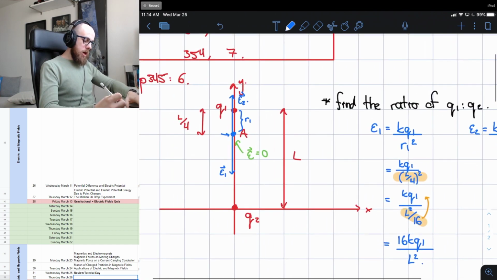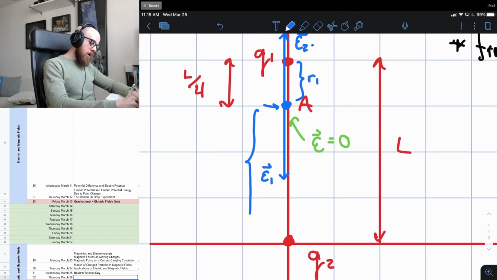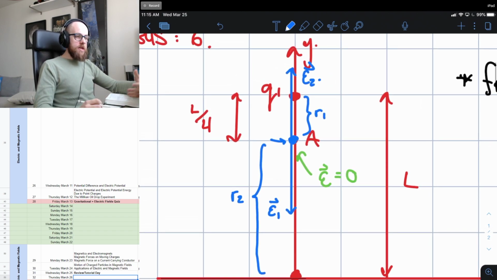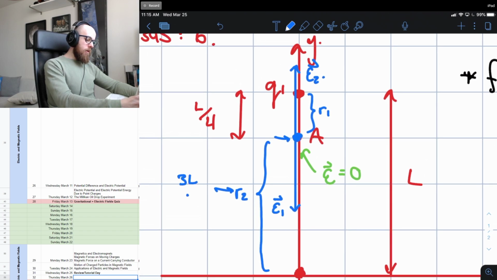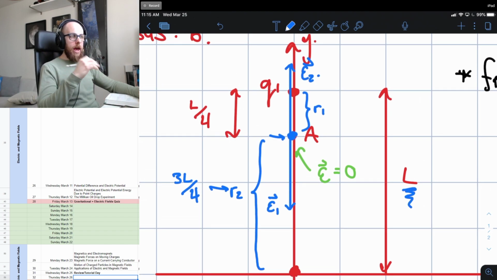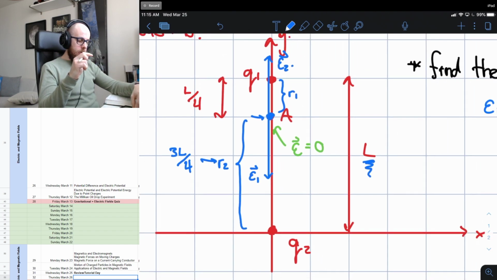Coming back to the picture, R2 is the distance between the point charge Q2 and the point A. Since R1 is equal to L over 4, R2 would be equal to 3L over 4, because the entire distance between the two charges is L. If there's L over 4 between Q1 and A, then there has to be 3L over 4 between A and Q2. So that gives me my R2 value.